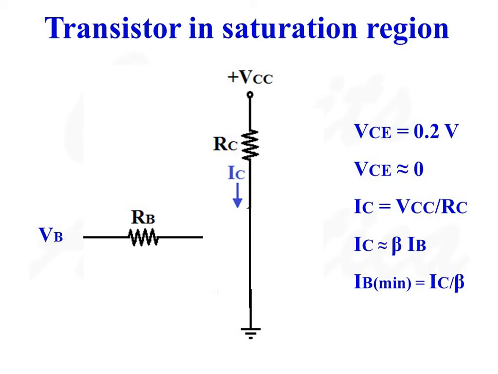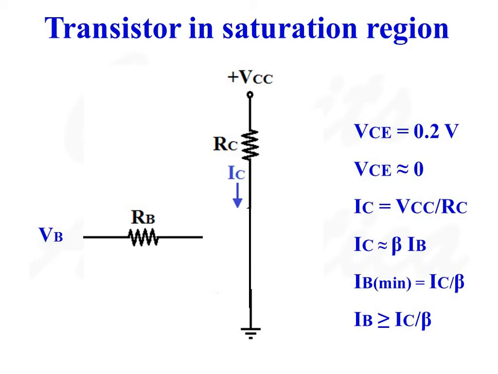IB minimum is equal to IC divided by beta. So IB minimum is the minimum amount of base current to ensure that transistor is in saturation region. So IB must be greater than or equal to IC divided by beta.